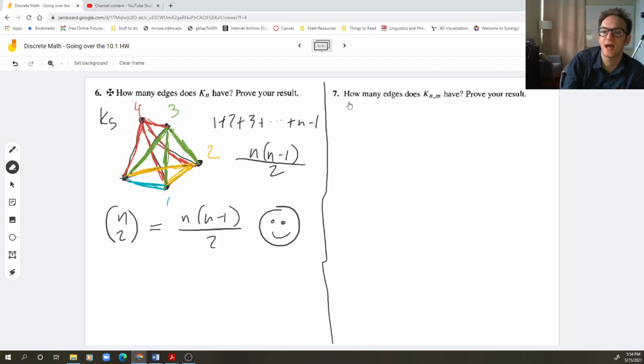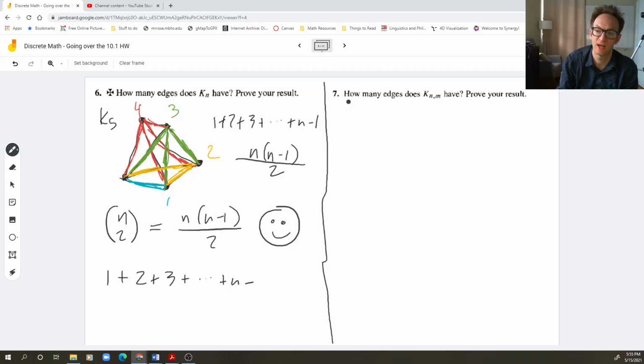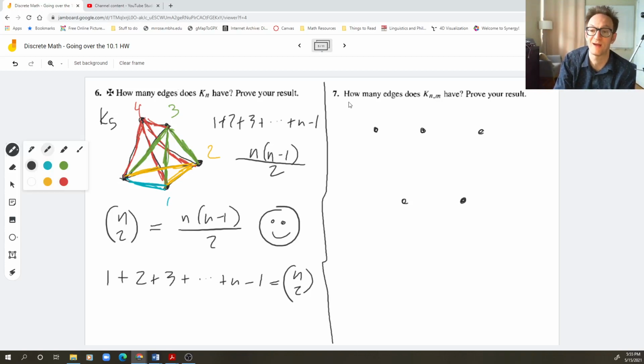What we've almost just done is a combinatorial proof that 1 plus 2 plus 3 plus up to n minus 1 is n choose 2. So that's maybe independently interesting. Anyway, how many edges does the complete bipartite graph K_{n,m} have? Well, now, what is the complete bipartite graph K_{n,m}?